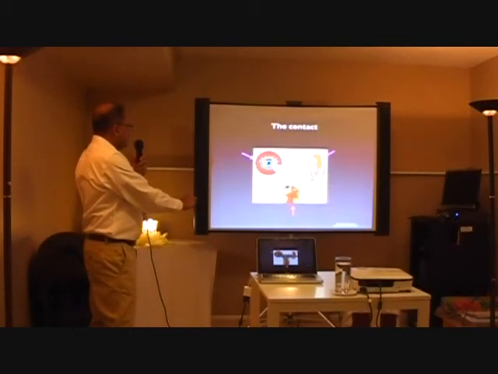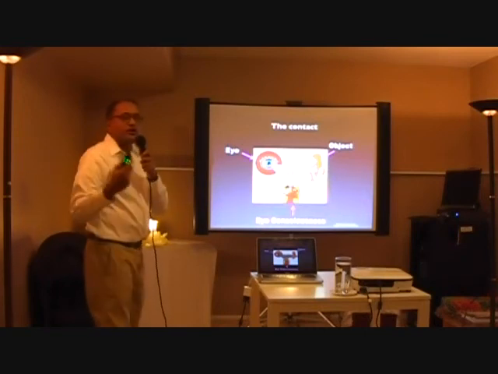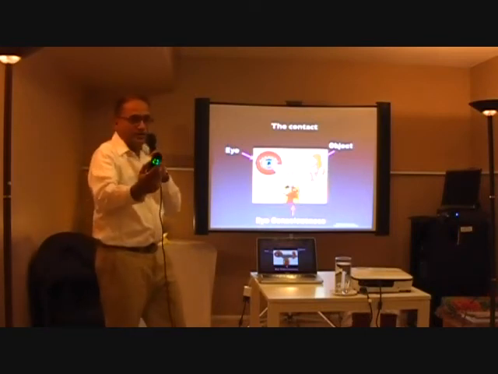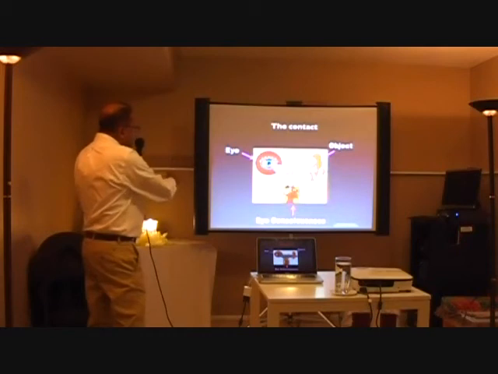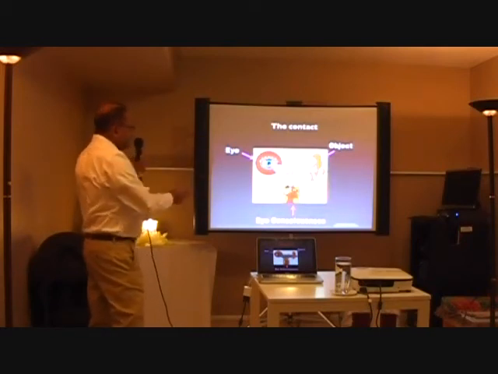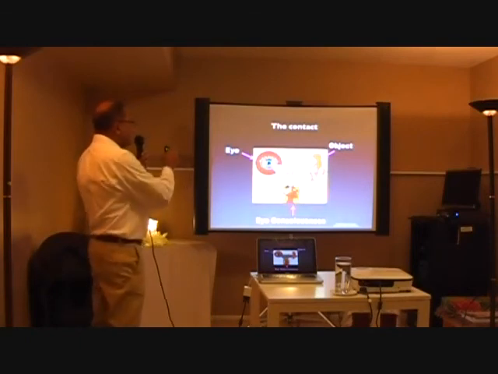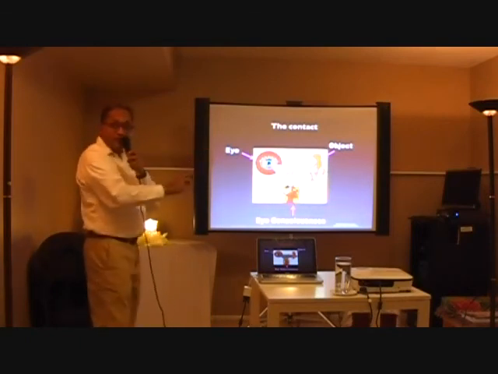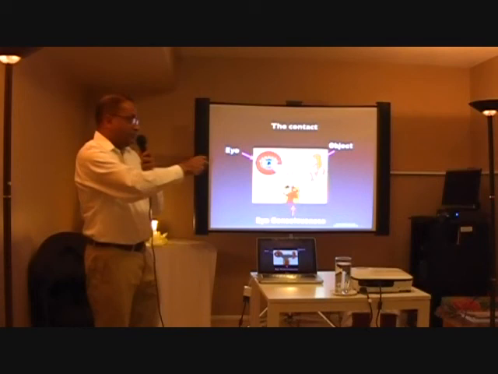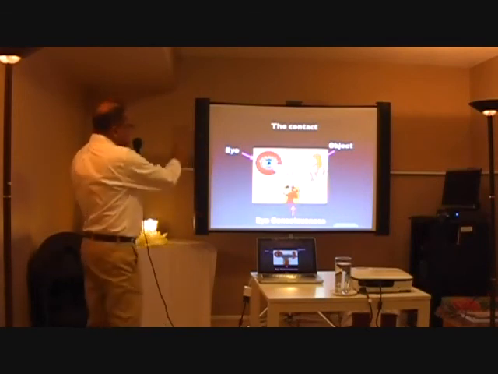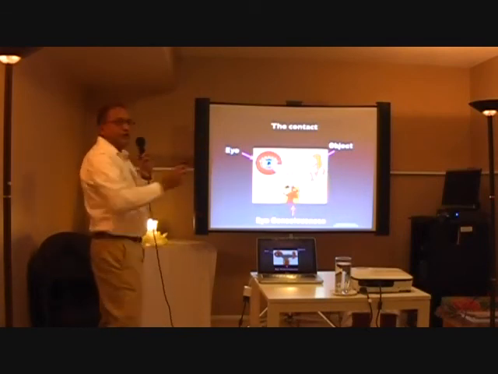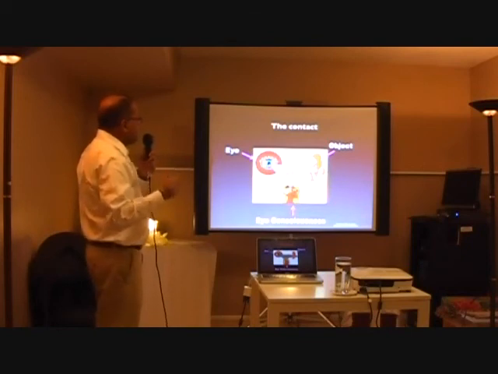Eye, object, and there's eye consciousness. So there's pretty much cognition. You cognize the object. All three things coming together is called contact. In Pali, tinnam sangati phasso, three things coming together causing phassa or contact. This is a very important, critical point of our creation of the world.